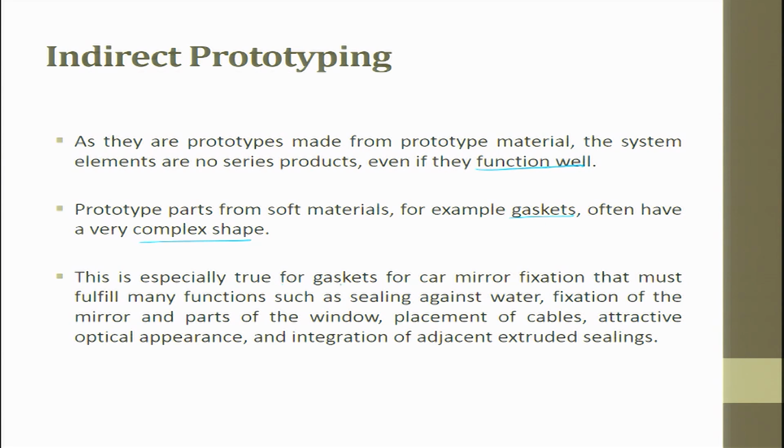This is essentially true for gaskets for car mirror fixation that must fulfill many functions such as sealing against water, fixation of the mirror and parts of the window, placement of cables, attractive optical appearance and integration of adjacent extruded ceilings. So, what we are trying to say is when we make a mirror fixation, it is not just to fix the mirror in a car.